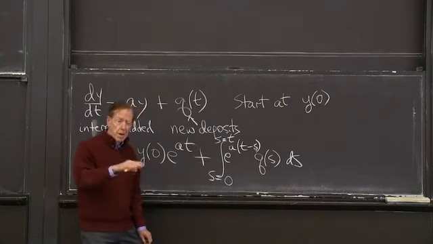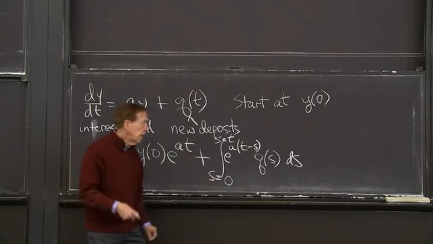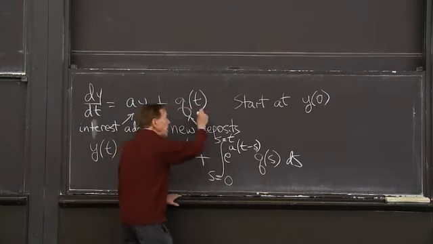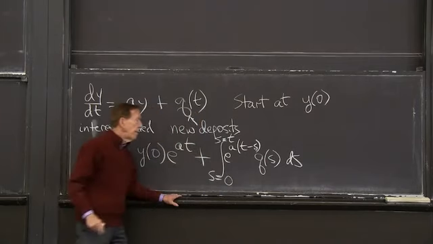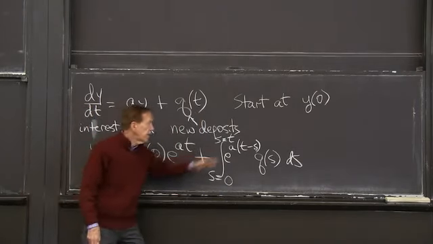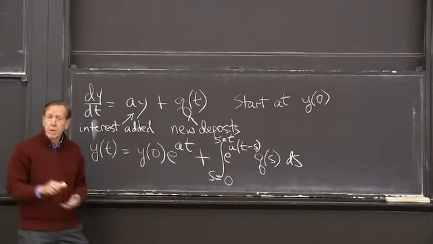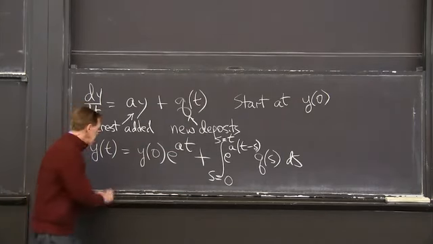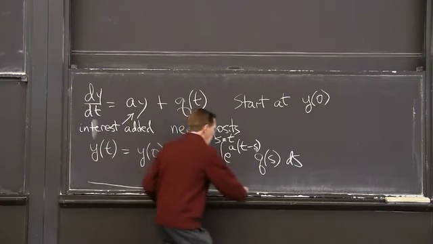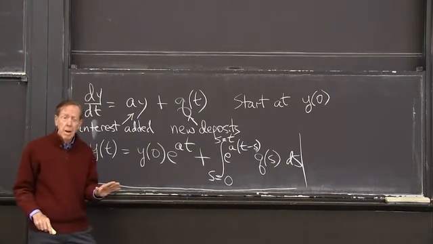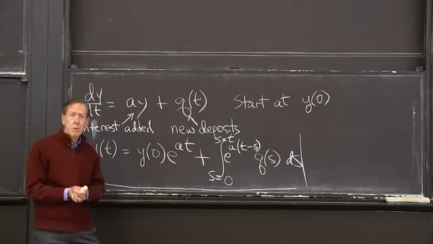I have to introduce an integration variable s, which goes from the start of these deposits until the current time, and grows like that. So that's the formula. I could put a big box around it. Let me start a box anyway. I could check that it's correct, but I hope you see why it's right.